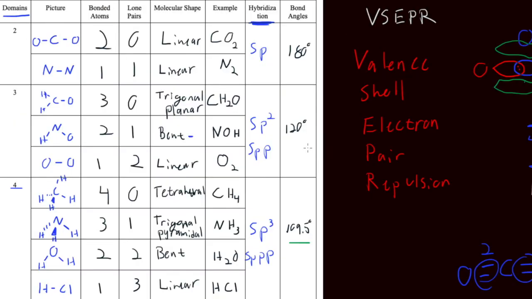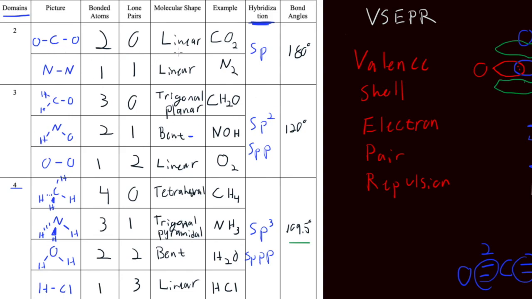So at the end of the day, we should be able to take a formula like CO2 or CH2O, make the Lewis structure for that, and then use that Lewis structure to identify the number of electron domains on that central atom, and then redraw the VSEPR diagram. We should also be able to identify the hybridization type of that central atom.